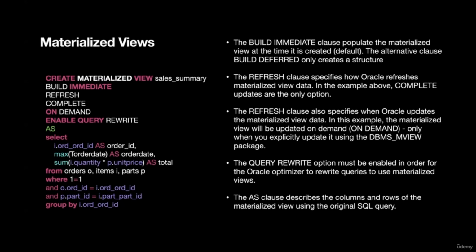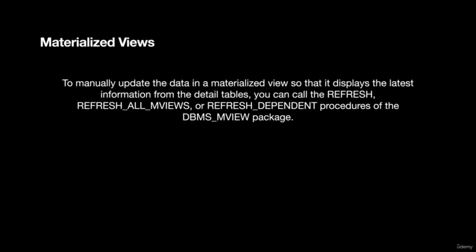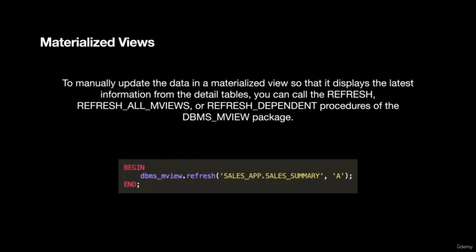So, to manually update the data in a materialized view so that it displays the latest information from the detail tables, you can call the REFRESH, REFRESH_ALL_MVIEWS or REFRESH_DEPENDENT procedures of the DBMS_MVIEW package. The following PL/SQL block updates the sales summary materialized view in the sales schema.